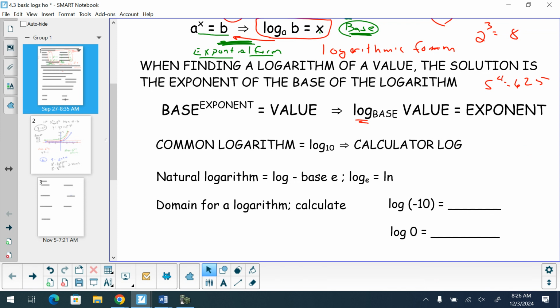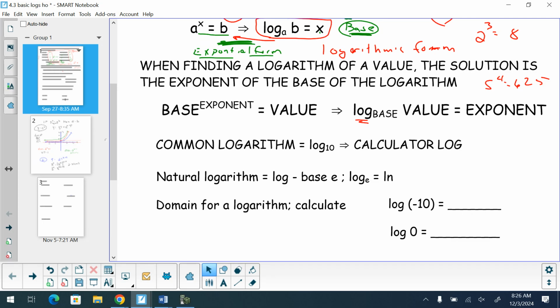Well, if you take the log of negative 10, what do you come up with? Yeah, you get a domain error. How about 0? Domain error.